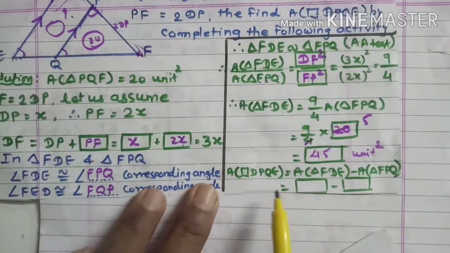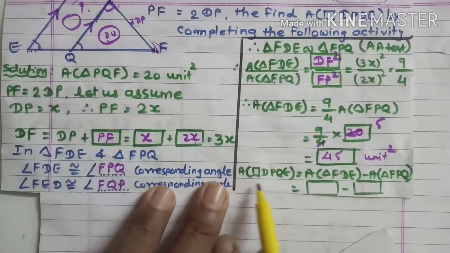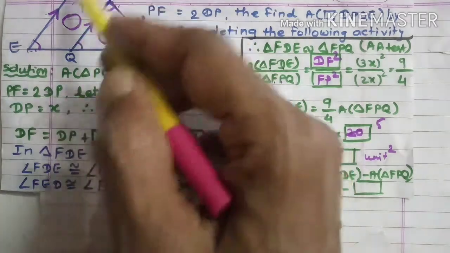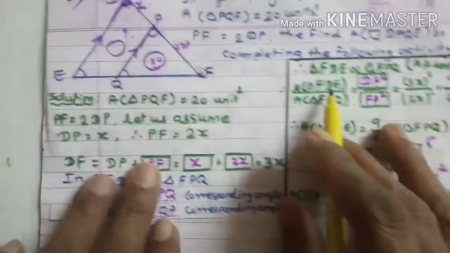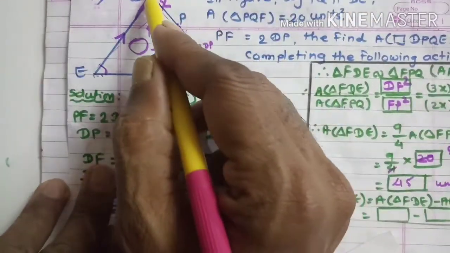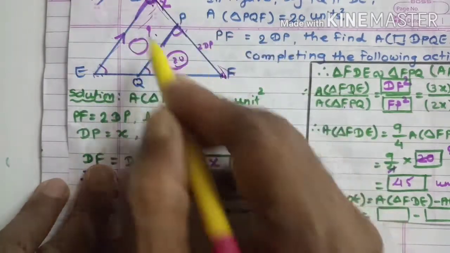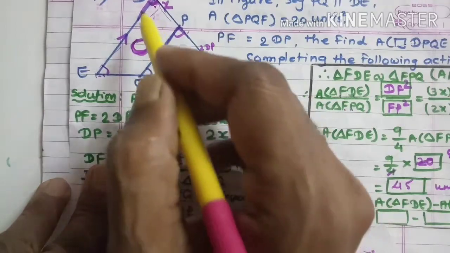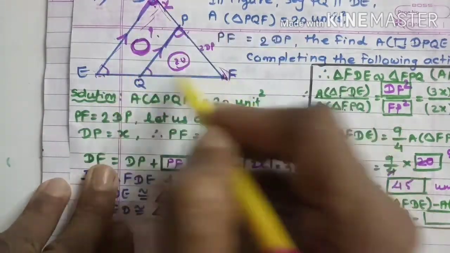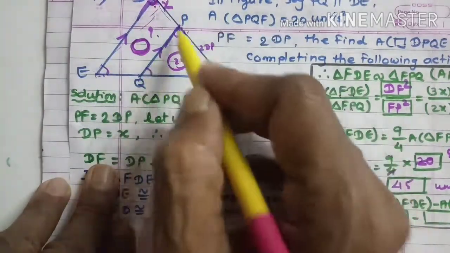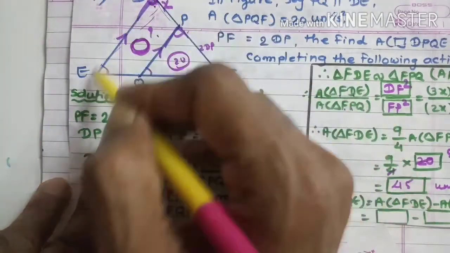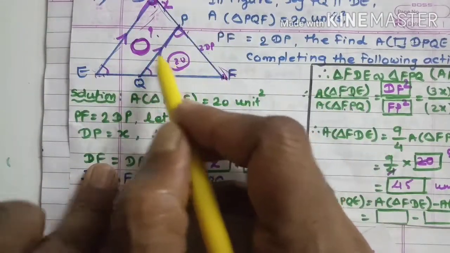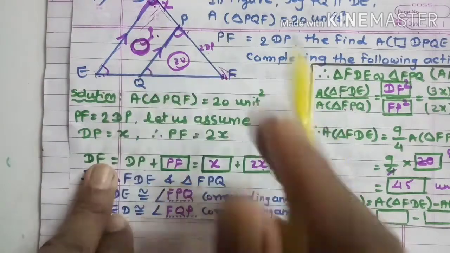Okay, now quadrilateral DPQE is equal to, so we have to find the area of DPQE. Okay, so how we can calculate this? We can find this by subtracting area of the bigger triangle minus area of smaller triangle, then we get the area of this quadrilateral.